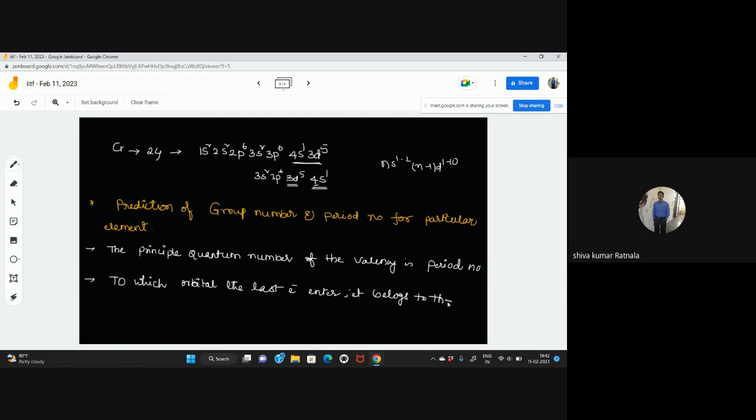For example, if the valence electron is going to the s orbital, then it belongs to the s block elements. If it is entering into the d orbital, then it will be a d block element. Now see here, after filling 4s, we will write the d orbital configuration in this case. That's why it belongs to d block elements.